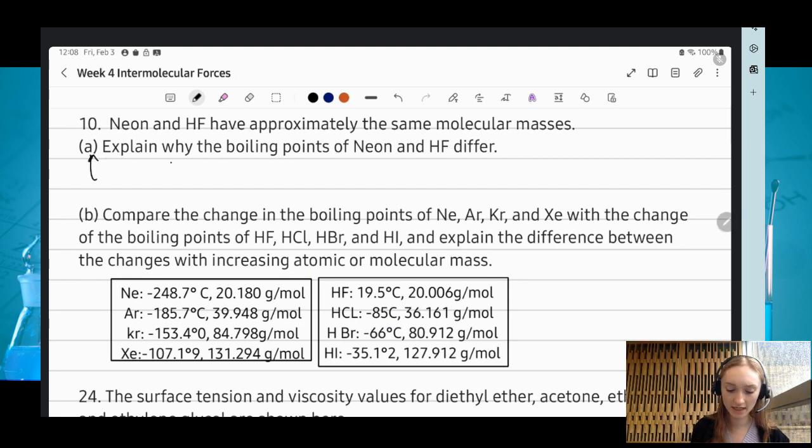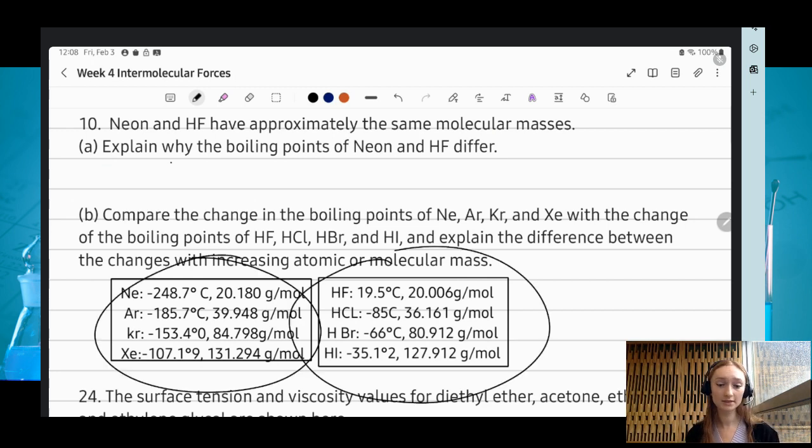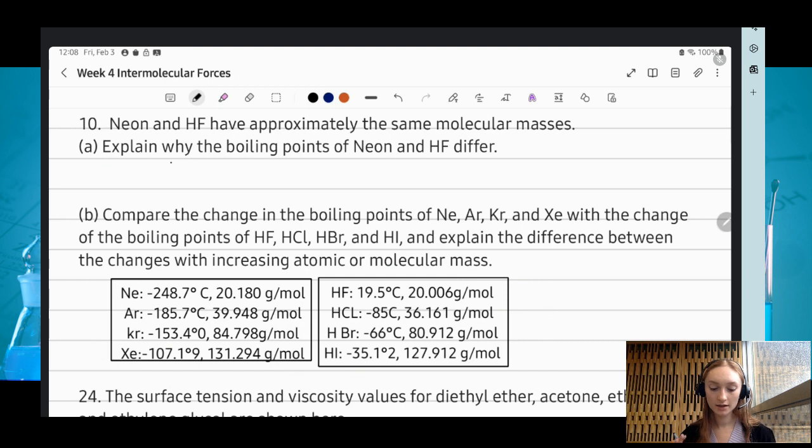And I just went ahead of time and put in all of the boiling points and the molecular masses for everything, so that we don't have to look that up. But for 10A, neon and HF. So neon is a noble gas.